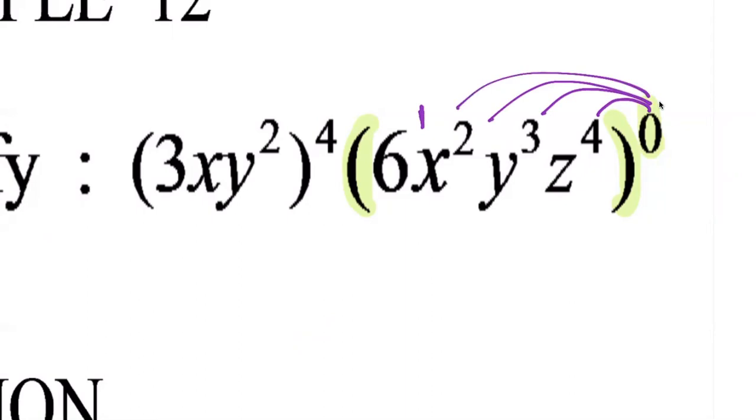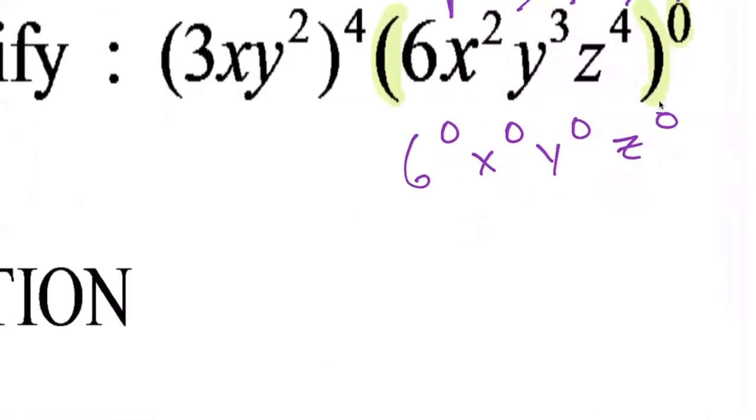And as you know, any number times 0 will give us a 0. So everything inside is going to turn into a power of 0, because every one of those numbers, 1, 2, 3, and 4, are all multiplied by 0. And then, of course, anything to the power of 0 is a 1. So we just have 1 times 1 times 1 times 1, which obviously is 1.